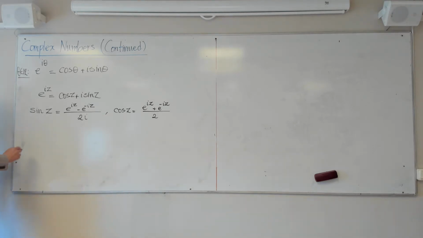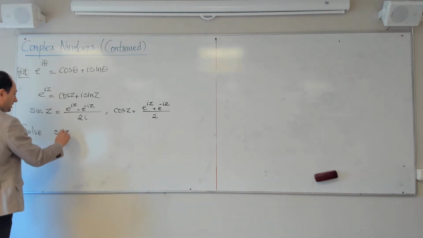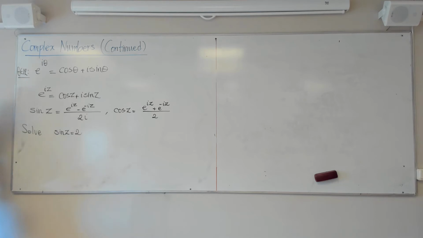So one strange thing is here. For example, I can ask you to solve this equation, sine z is equal to 2. Of course, if I ask you sine x equals 2, solve it, you immediately say that there are no solutions because sine cannot be greater than 1. But here I'm asking you to solve sine z equals 2.